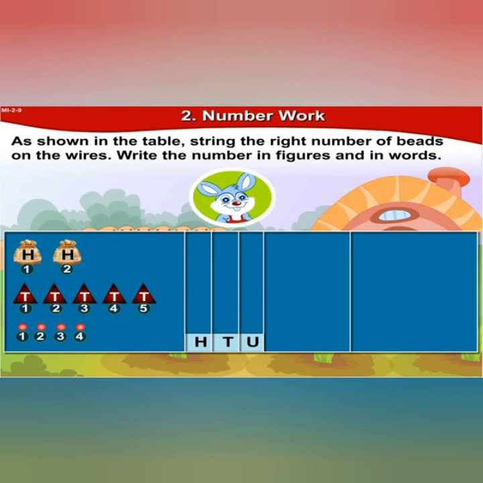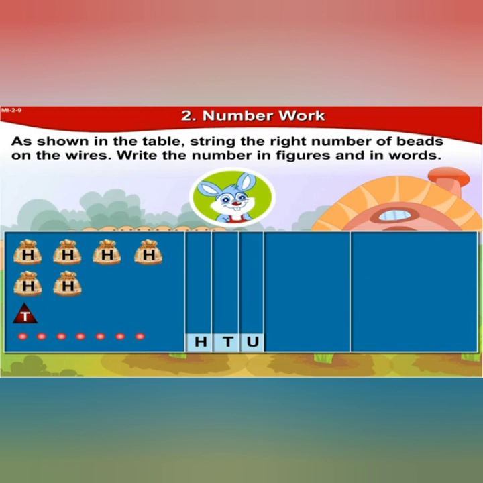So, at the hundreds place we have 2 beads, at tens place we have 5 beads, and at units place we have 4 beads. So 2 hundreds, 5 tens, and 4 units. In figure you write it as 254, while in words it is 254.